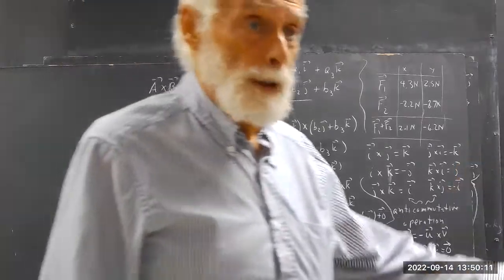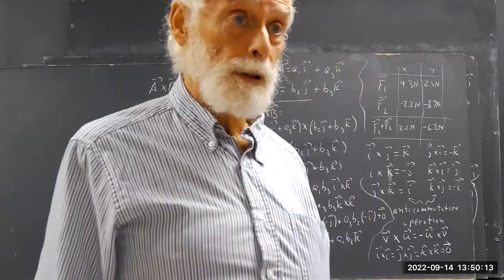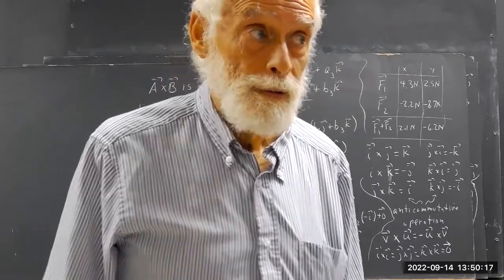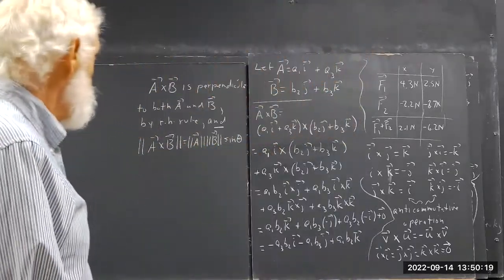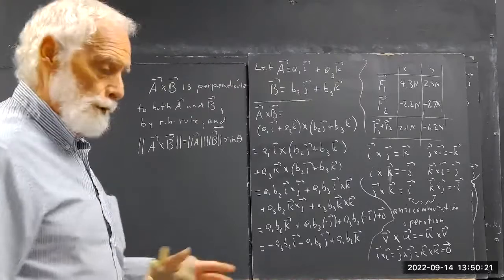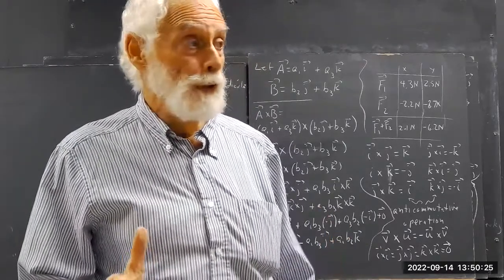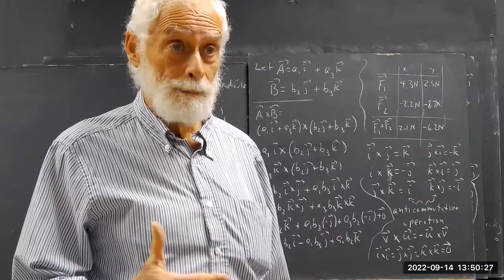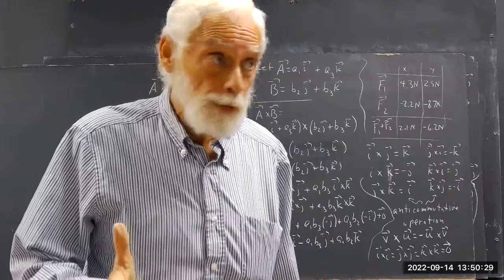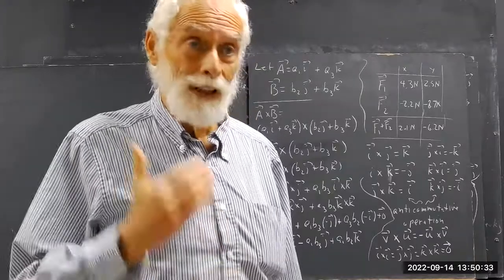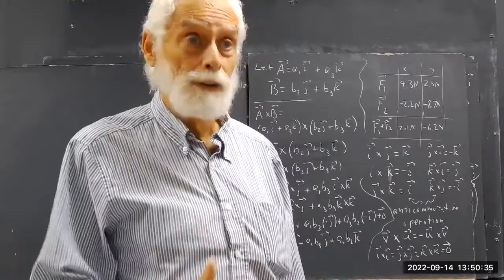Much like the dot product, but it's the sine. The dot product is zero if two vectors are at a right angle, isn't it? Then theta is 90 degrees, and the cosine of 90 degrees is zero.